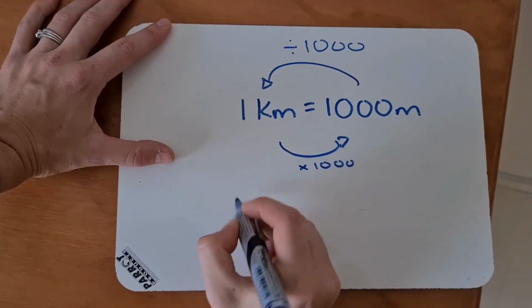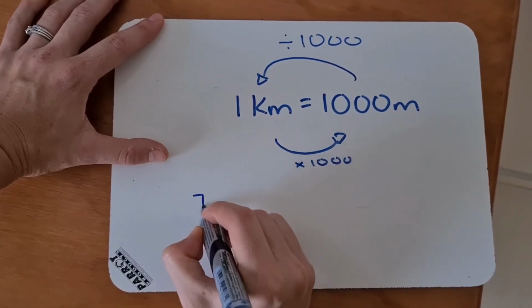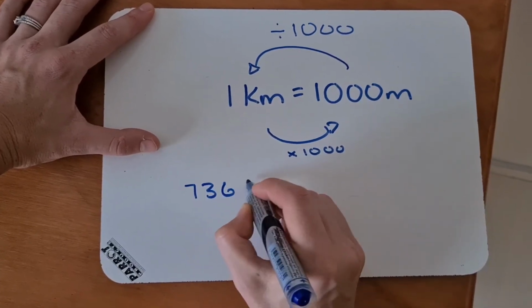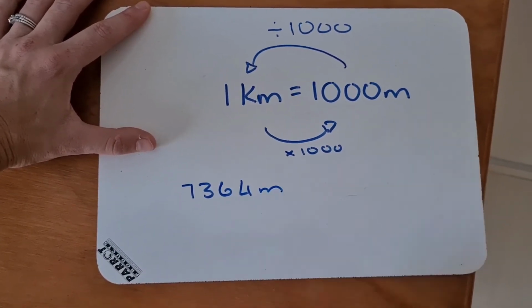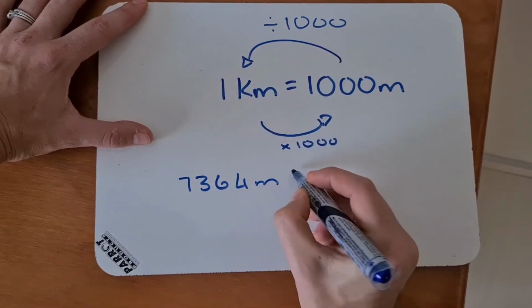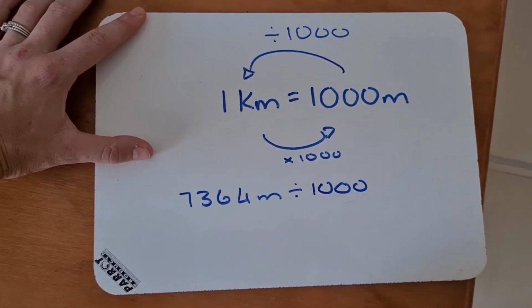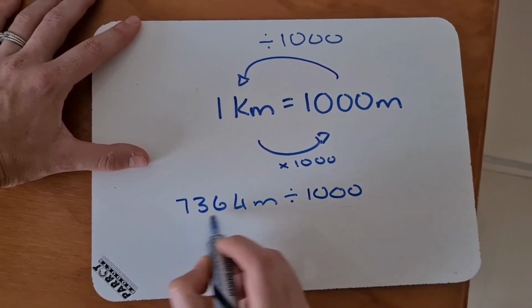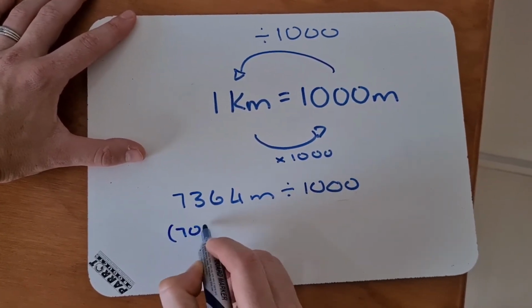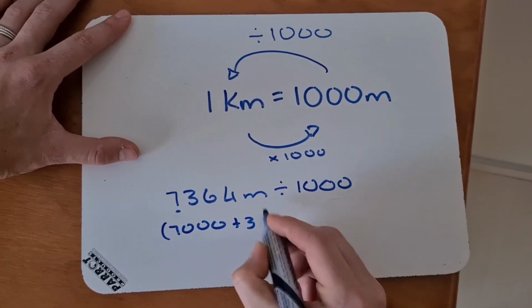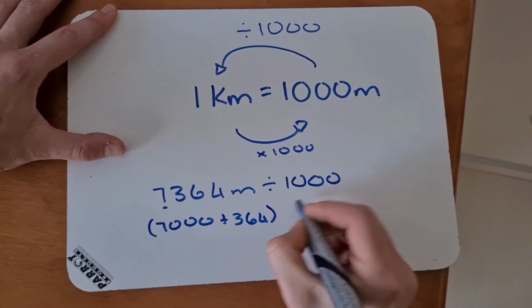If I have, let's just do 7,364 meters. That's a lot. And I was going to take it all the way to kilometers, I'm going to need to divide. And so we do that really nice, easy thing where we break this up into 7,000 plus 364.